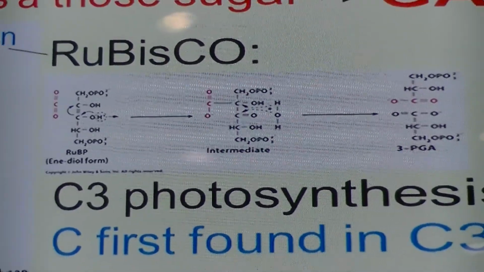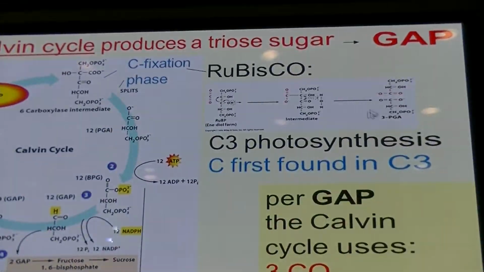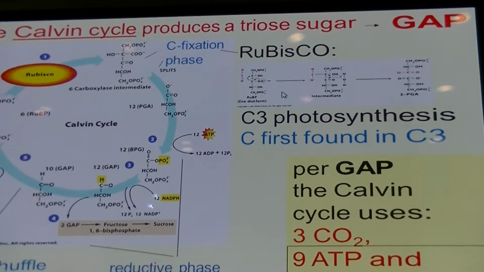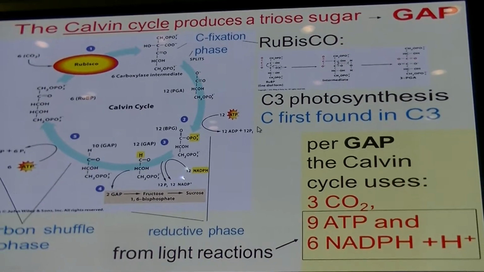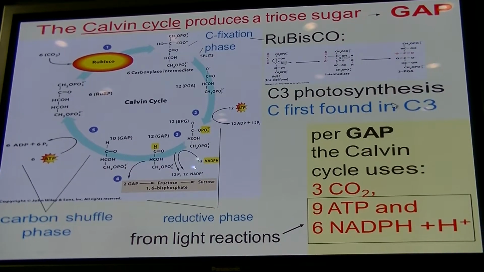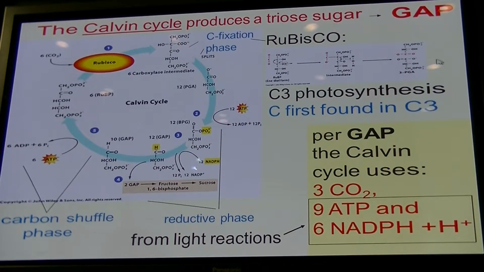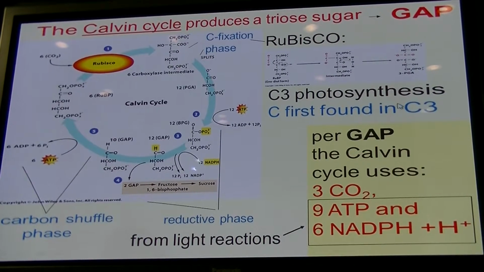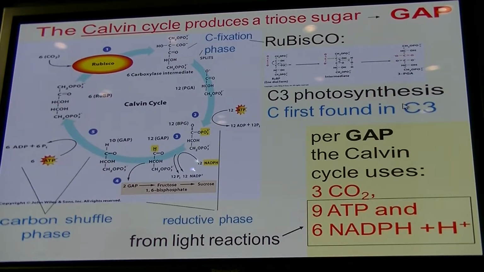So we call this the C3 type of photosynthesis, because carbon, if it's given radioactively, is first found in a 3 carbon molecule. And essentially, this is the only type of photosynthesis that really occurs.